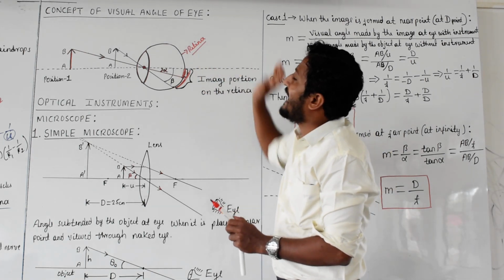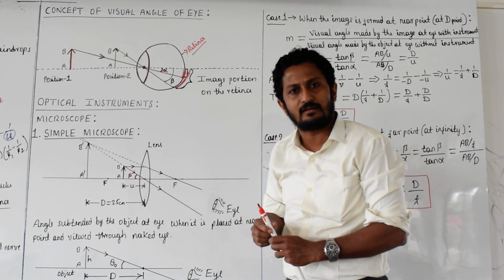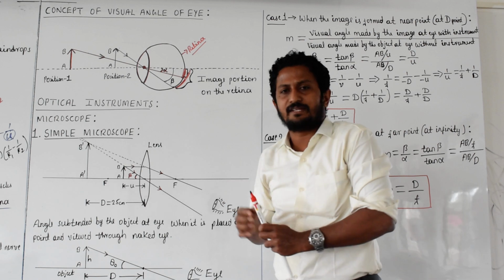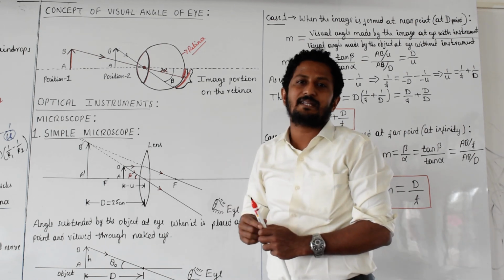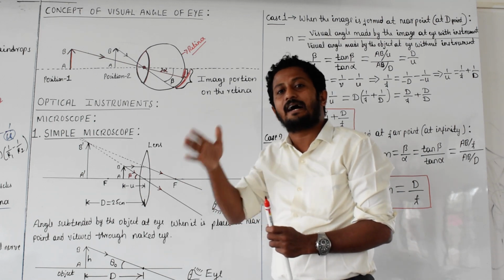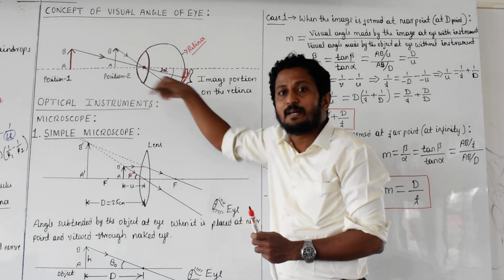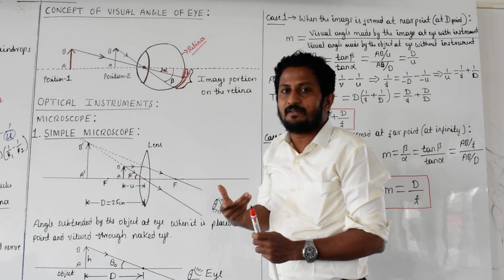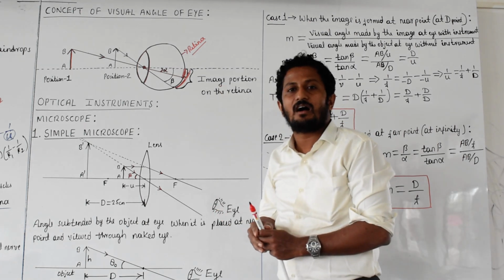What is the visual angle of the eye? What does visual angle mean? Visual angle is the angle subtended at the eye lens by the image portion on the retina.